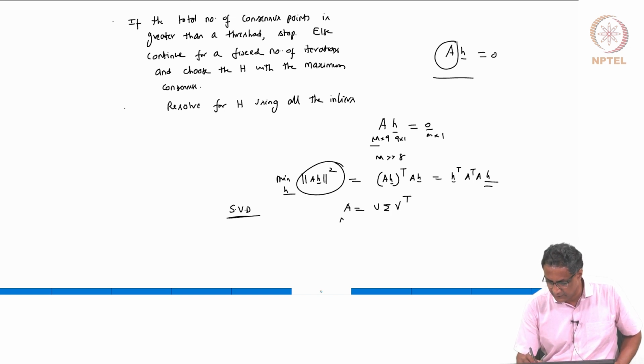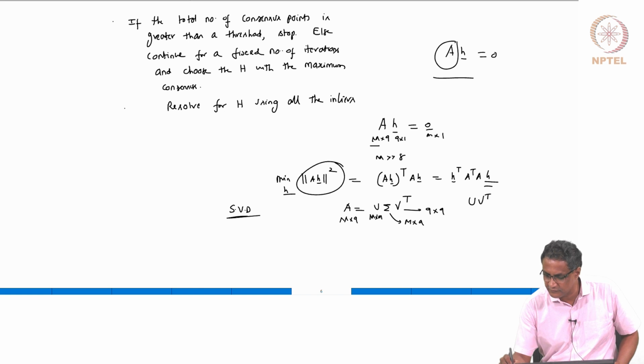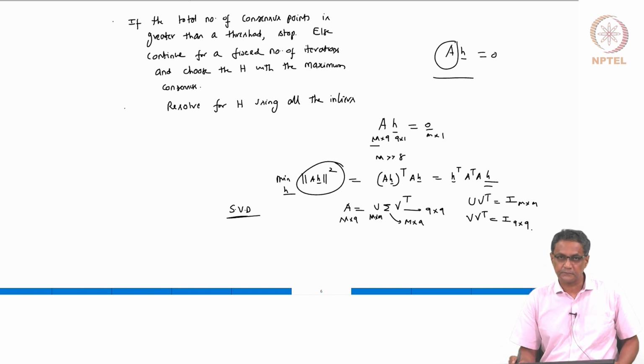In this case A is m cross 9. Therefore U is an orthogonal matrix, m cross m, sigma is m cross 9, and V is 9 cross 9. U transpose U is identity, V transpose V is identity, but they have different sizes, of course.